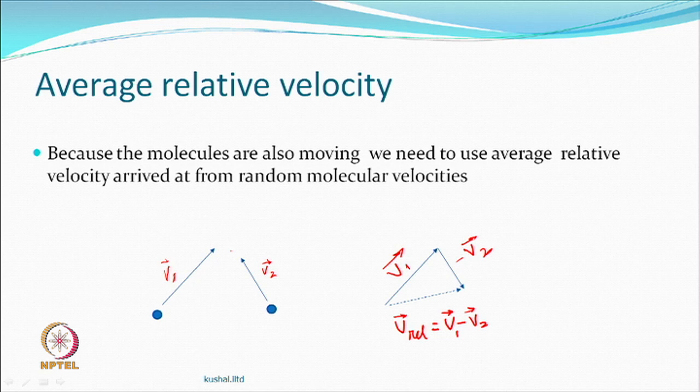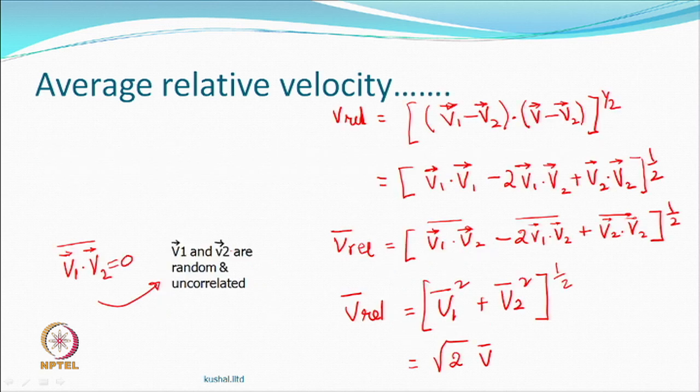How do we calculate that? A relative velocity is like a dot product of the differences of one and the other, square of that, then multiply and then take the square root. And if you do that, you get terms like this, because all of them are also moving. So, all these terms can also be averaged out.